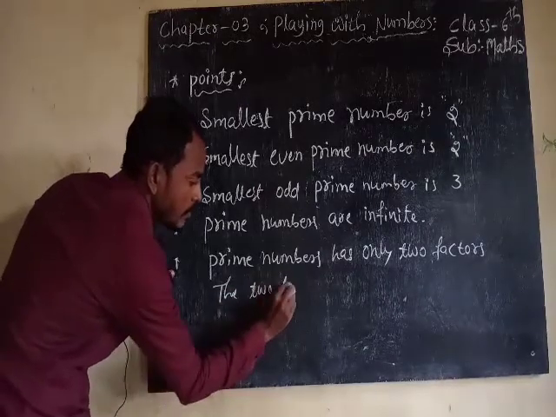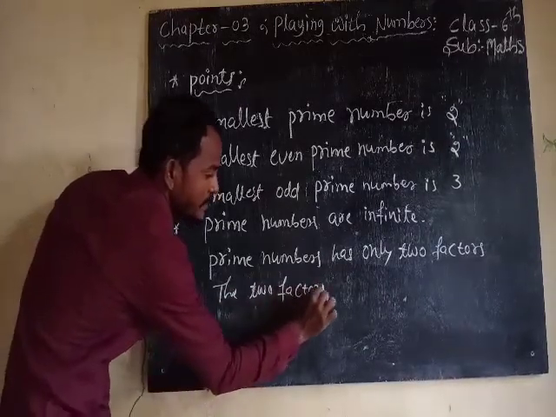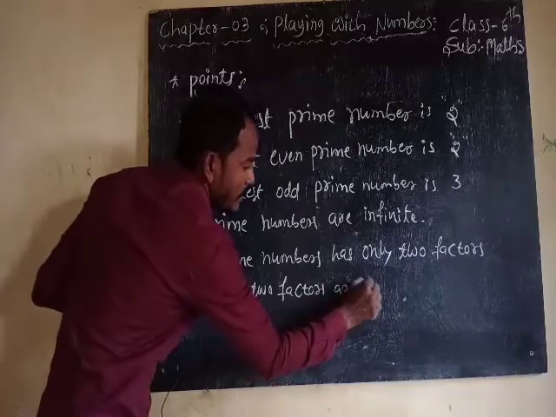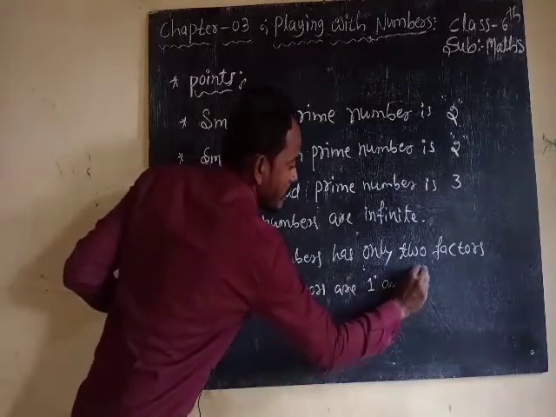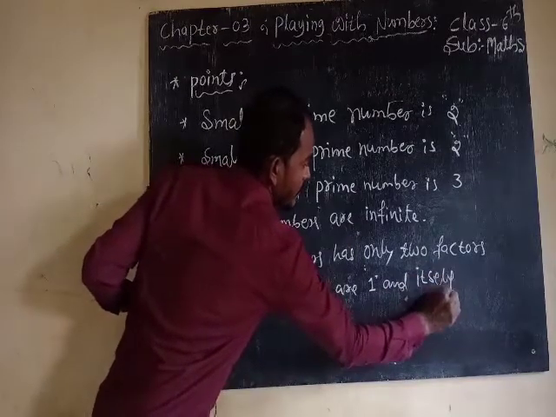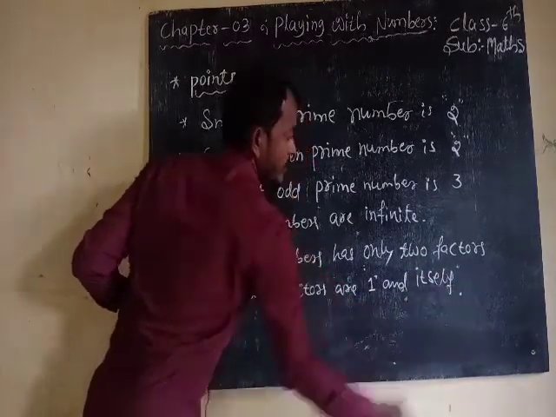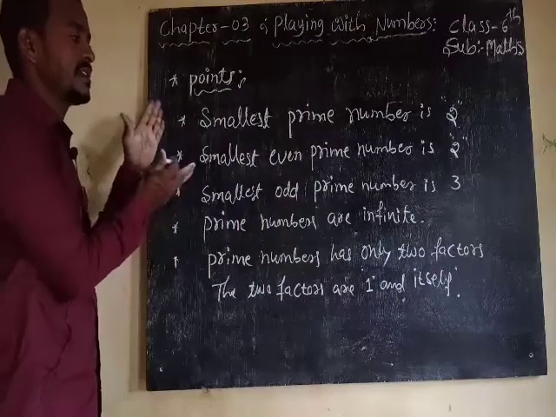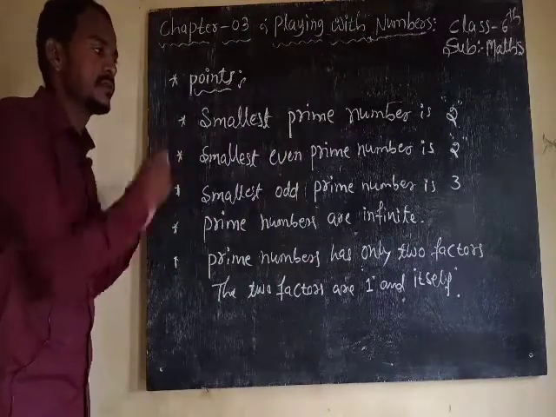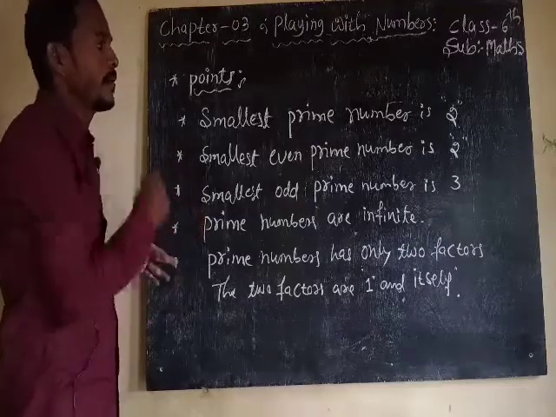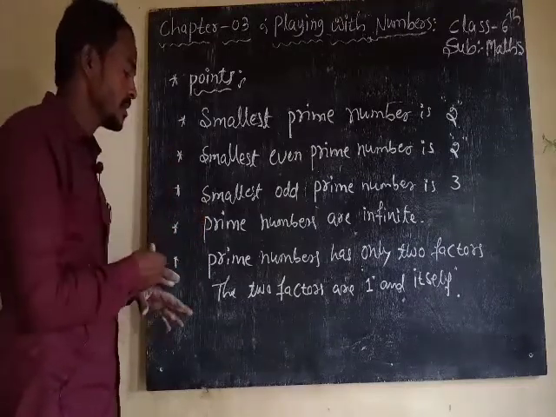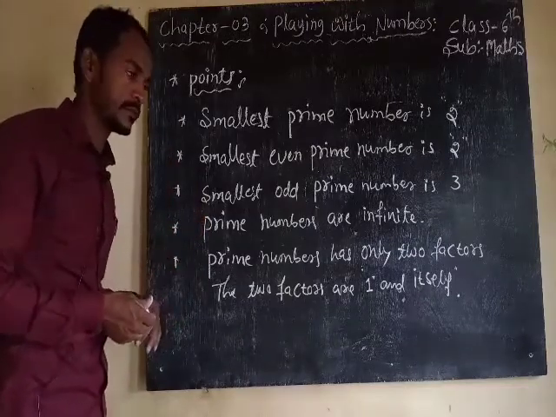The 2 factors are 1 and itself. So you just have to write down these simple points for prime numbers. You have to remember these points. Okay, write down.